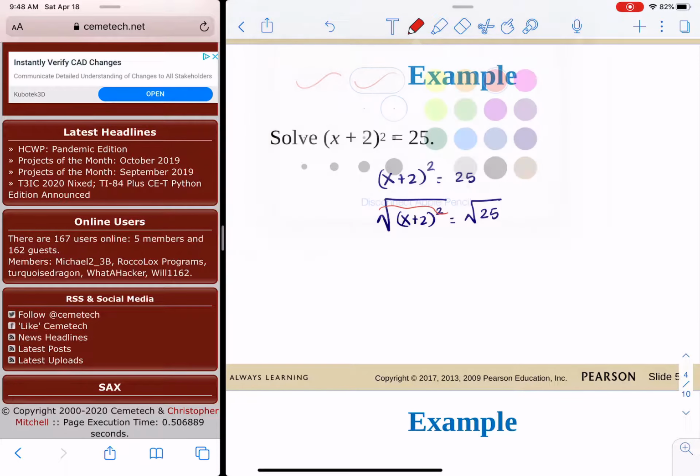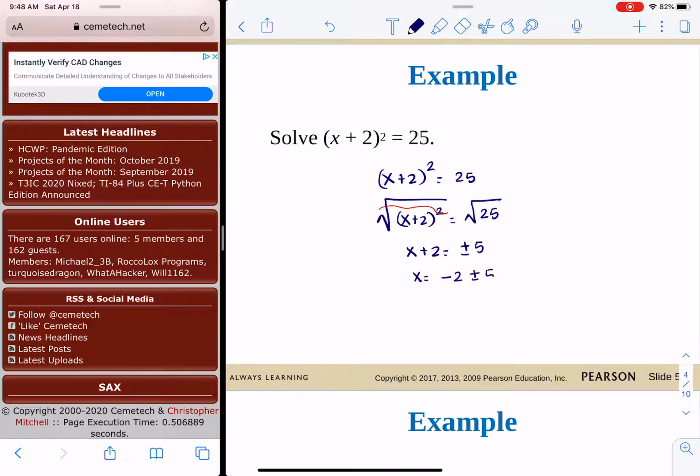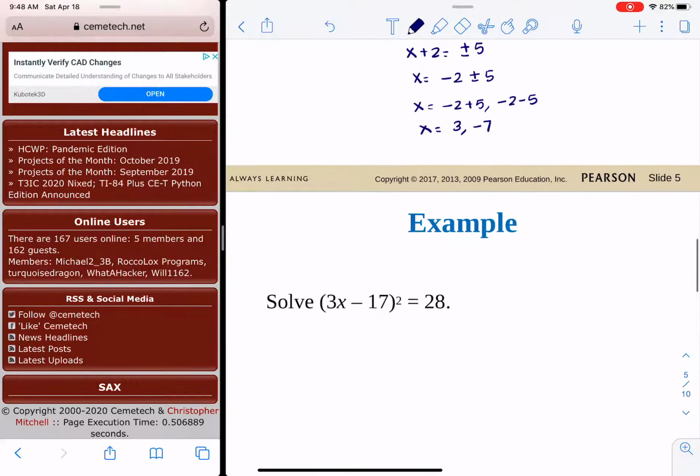So we would simply have x plus 2 equals square root of 25, which is plus or minus 5. So x would equal negative 2 plus or minus 5. So x would equal negative 2 plus 5 and negative 2 minus 5. Negative 2 plus 5 is positive 3. Negative 2 minus 5 is negative 7. And those are the two solutions.